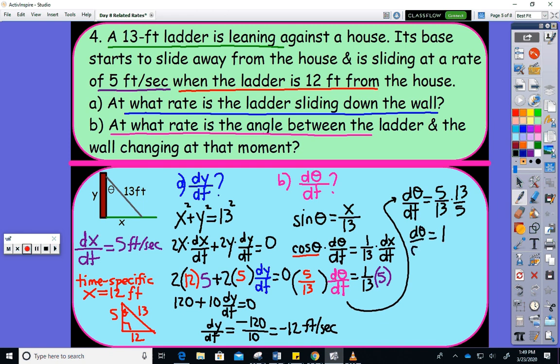Now, wait a minute. What does that 1 stand for? Well, I just want to remind you that in calculus, we're always in radians. So that would be 1 radian per second. That's what that stands for, okay? So hopefully you're all right with that.